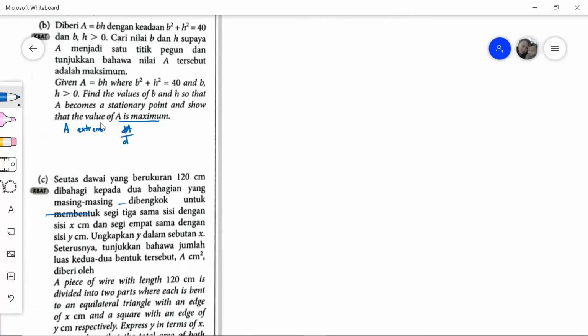In this case, let me just choose h. It will equal 0. Because at a stationary point, you differentiate the quantity that you find the maximum or minimum of, and let it be 0. So from A equals bh, we replace the b in terms of h. Since b squared plus h squared equals 40, b squared equals 40 minus h squared.